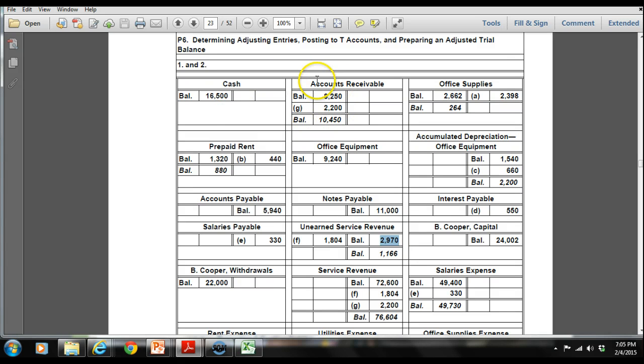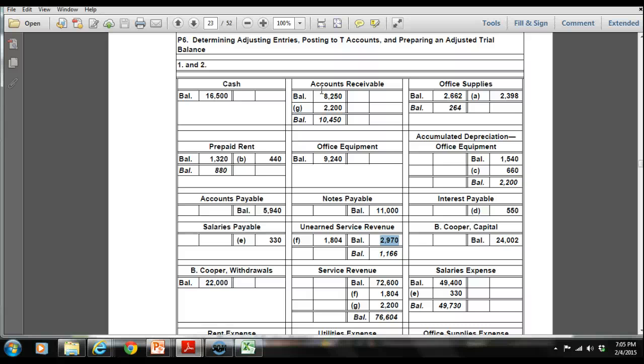But with accounts receivable, because both of the entries in this T account are debits, what are we going to do to create a balance here? Add it. With office supplies, it's an asset which normally has a debit balance.